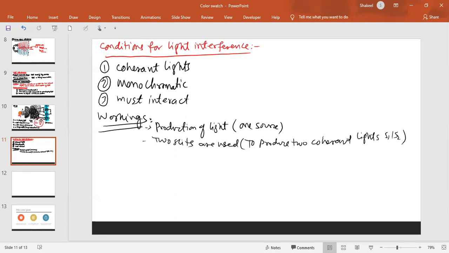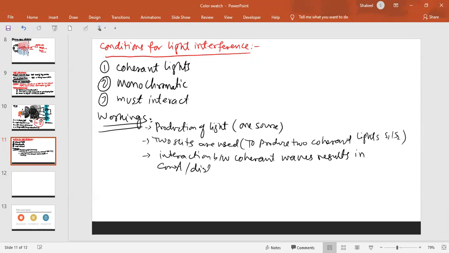Then they interact, and the interaction between coherent waves results in constructive and destructive interference, making fringe patterns on the screen.